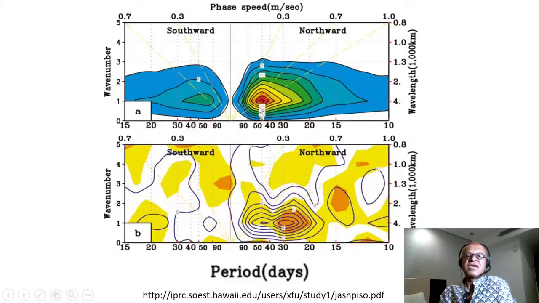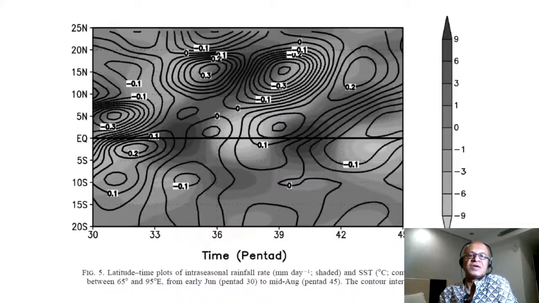The point they make is that coupling is important for the amplitude and propagation phase speed of the MISOs. But this question still very much remains an open question. Most models do not do a proper representation of the MJOs or the northward propagating features.